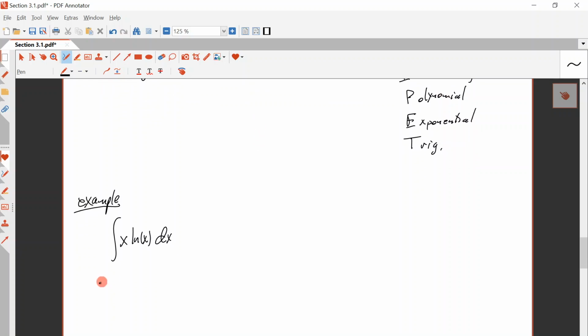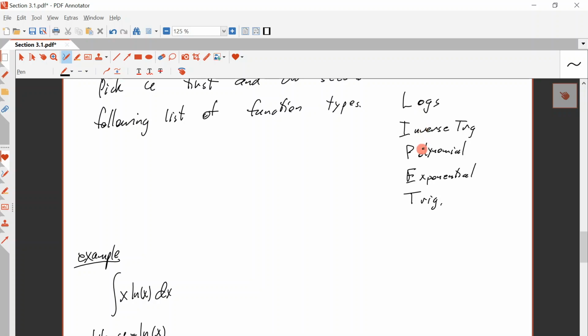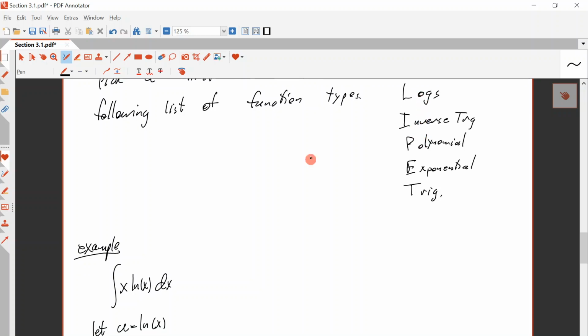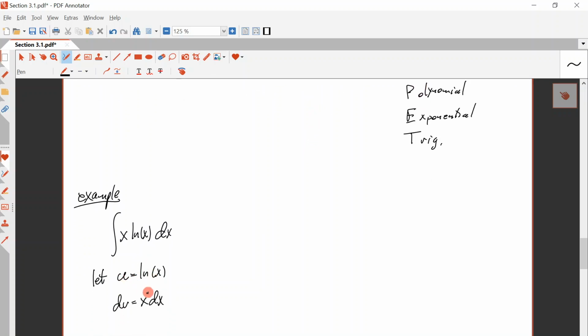So we're going to let u be that log function, and I'm going to let dv be equal to the polynomial. Right? Log, inverse trig, polynomial. And in the end, the product of u and dv has to be that whole thing. Right? So the product of u and dv is ln x times x dx, which is what this is right here.